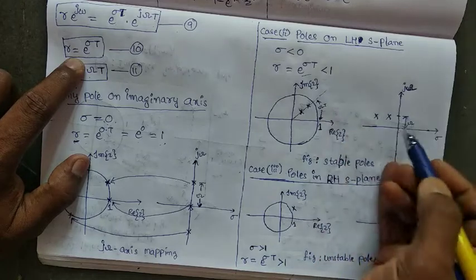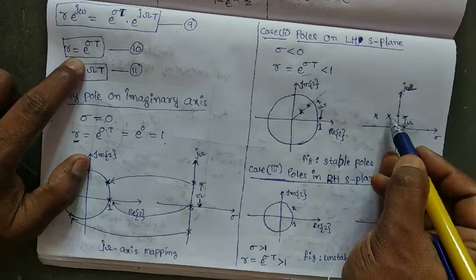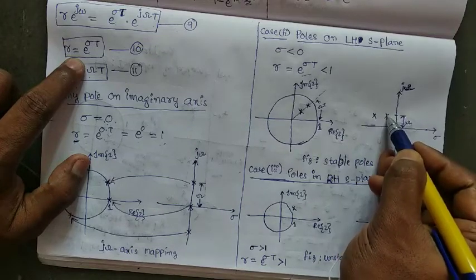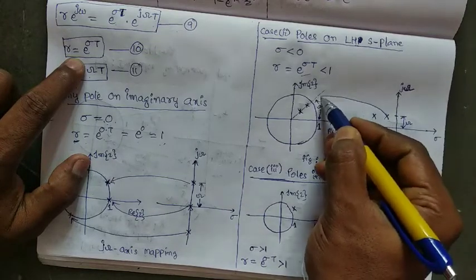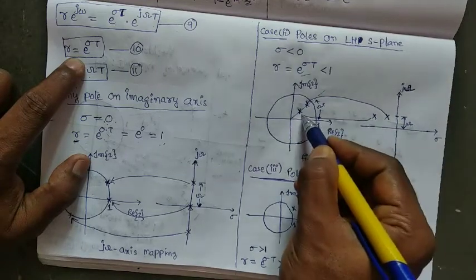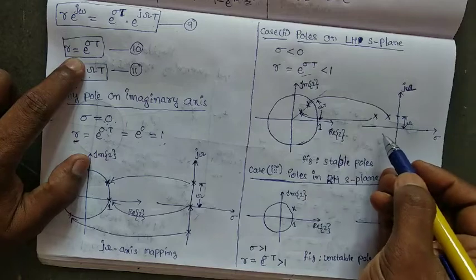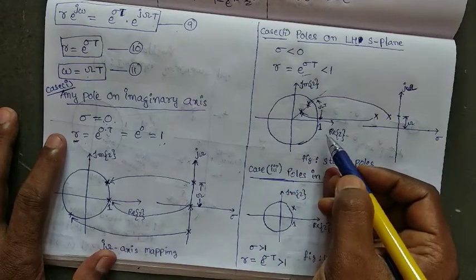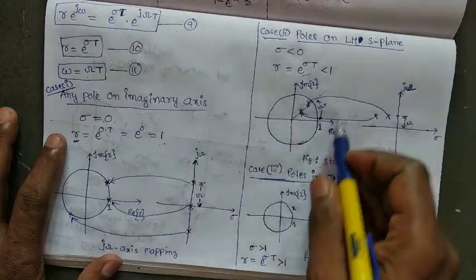So we are mapping the poles in the left half S plane into poles which lie inside the unit circle in the Z plane. This is the second case.